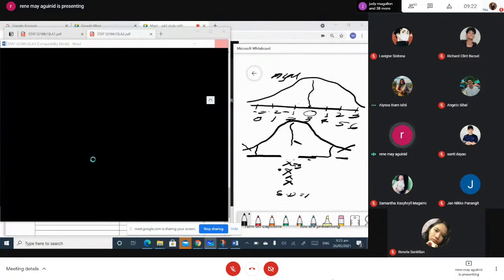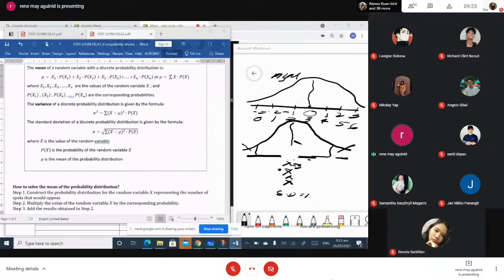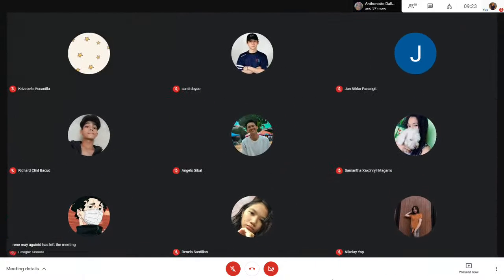This is the variance and here is the standard deviation. So how will we solve that using the table? How to solve for the probability distribution? Okay, here.